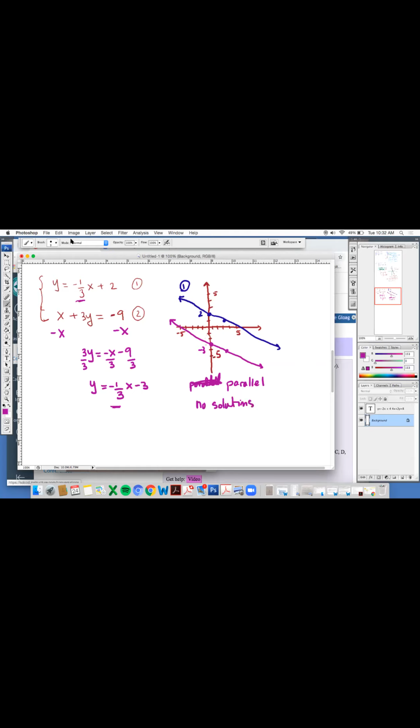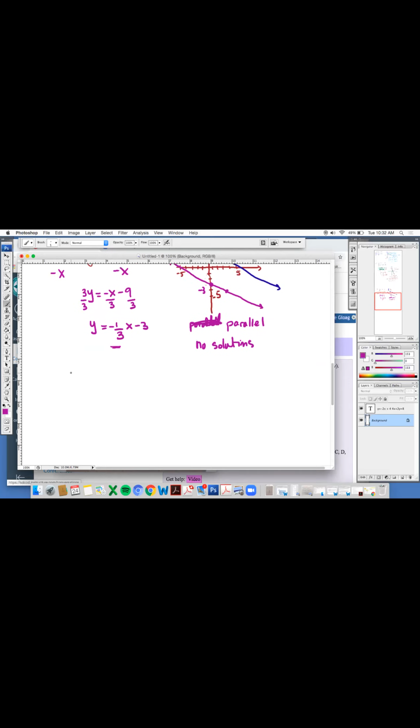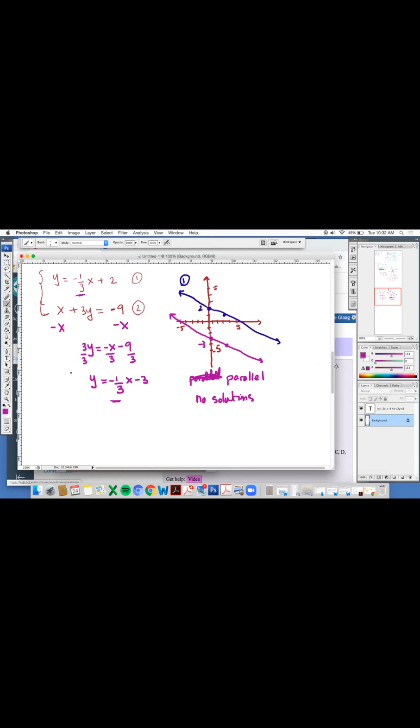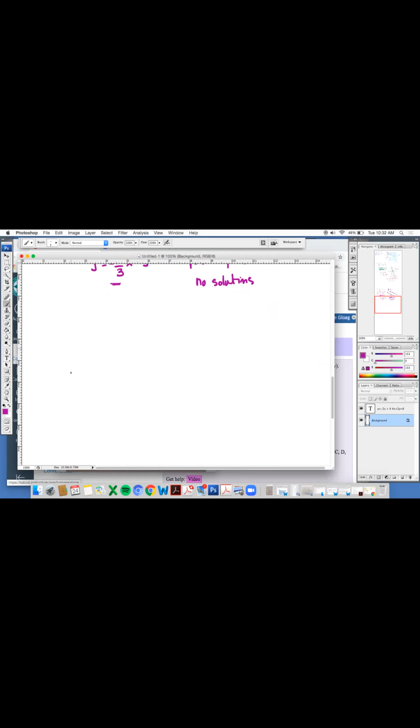All right, cool. So those are the 3 types of solutions that we get with systems of equations. That's why we start with the graphing method first, because it gives us a visual idea of what might happen if you have 2 lines. So the types of solutions.